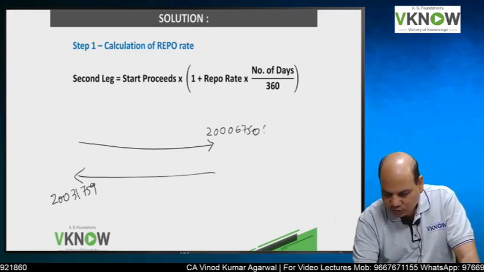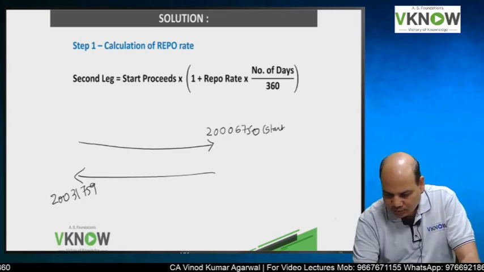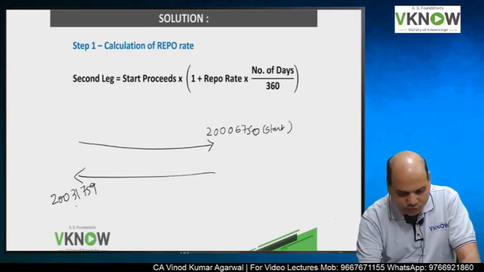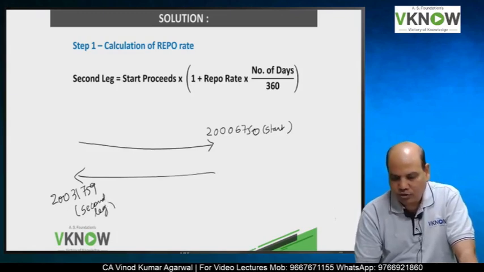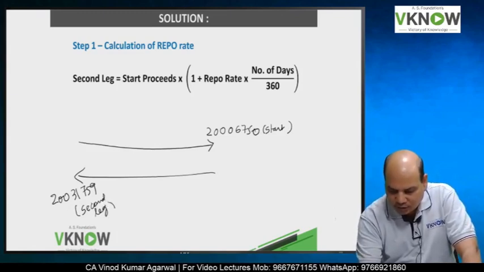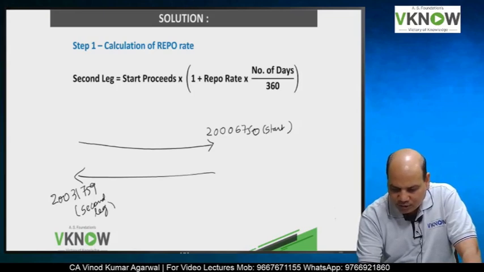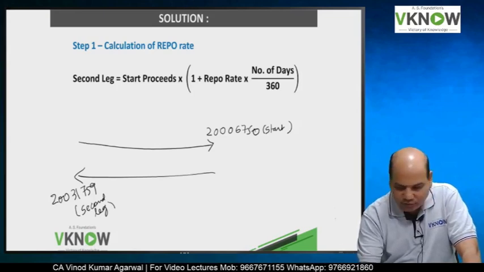This is called the start proceeds and this is called the second leg. And the gap is how many days? 9 days.